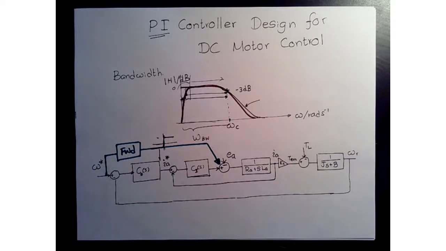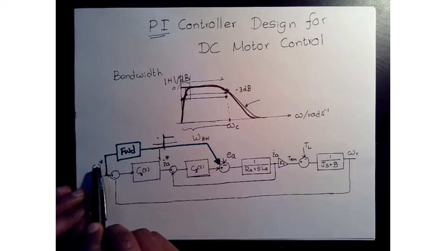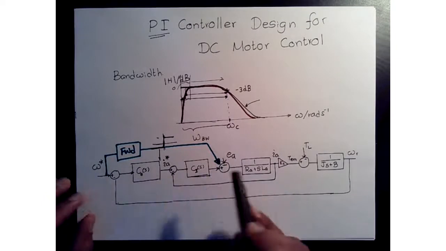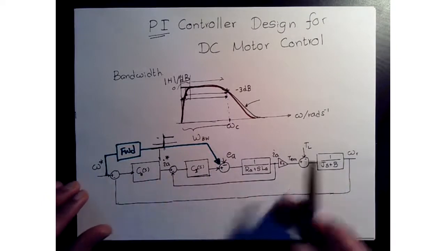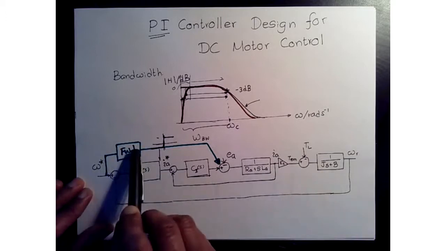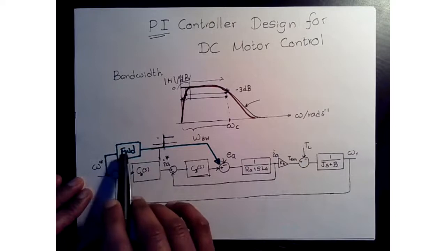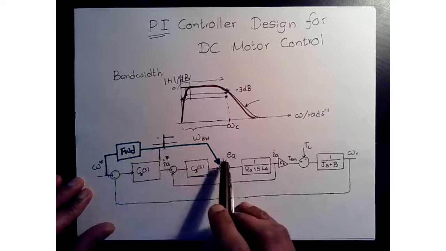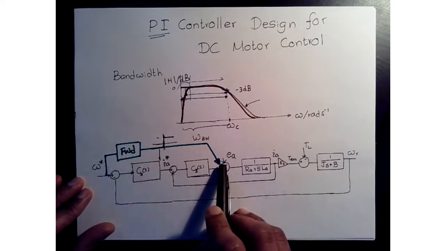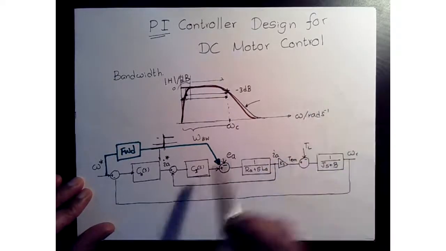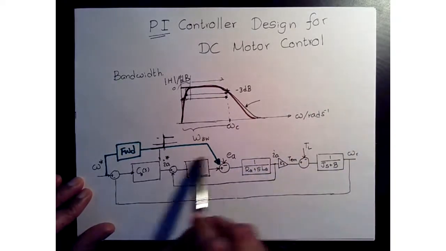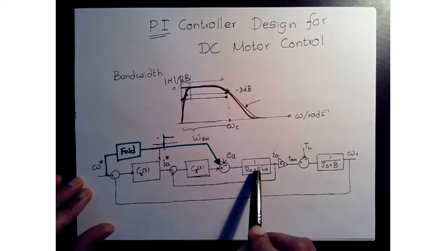For example, if we command higher speed, you are going to need more voltage. So based on the feed-forward information, we can drive this voltage a little bit higher so that the burden on the closed loop system is reduced.